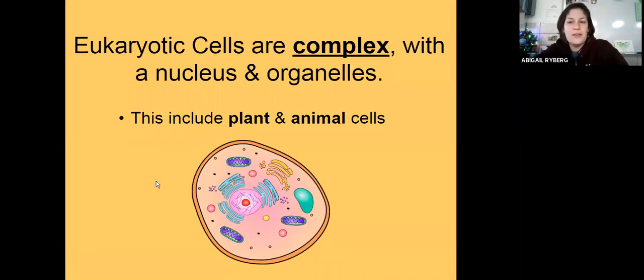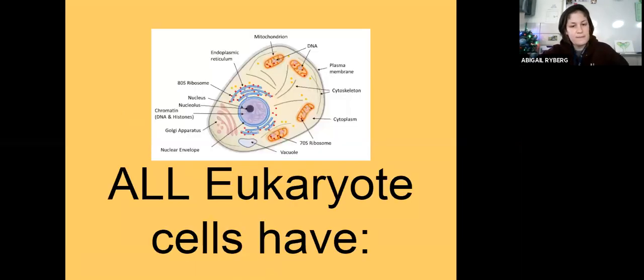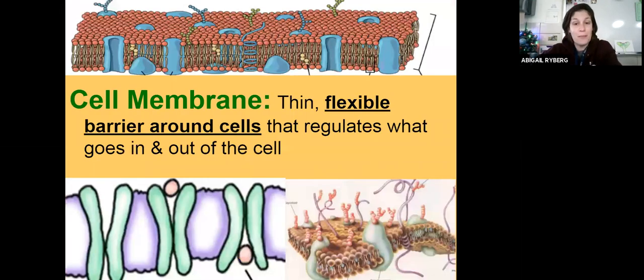Eukaryotic cells include plant and animal cells. All eukaryote cells have a cell membrane. The cell membrane is a thin, flexible barrier around the cell that regulates what goes in and what comes out of the cell.